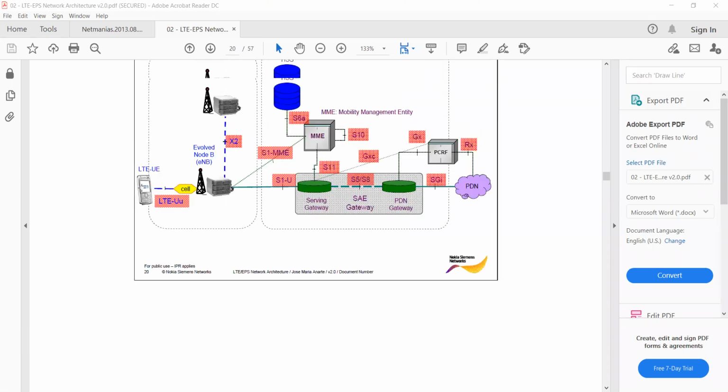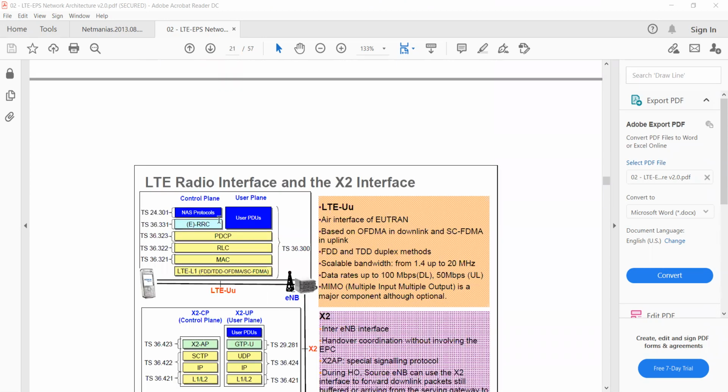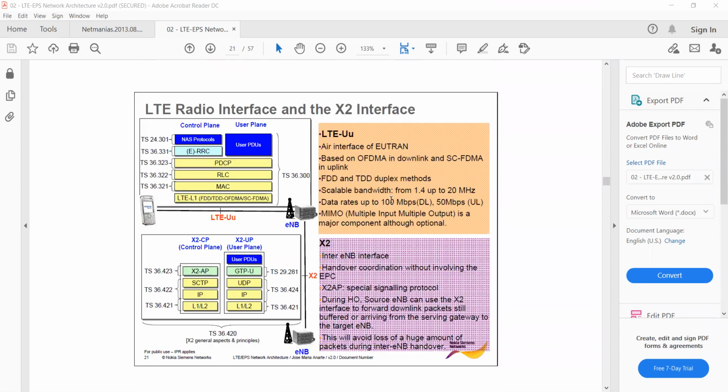First interface is from UE to eNode B, that is the LTE-Uu interface. In 3G or 2G we call it the air interface, right? So the Uu interface is nothing but an air interface kind of thing. There is nothing much in that. It involves OFDMA, SC-FDMA, those things, which we will discuss in detail later.